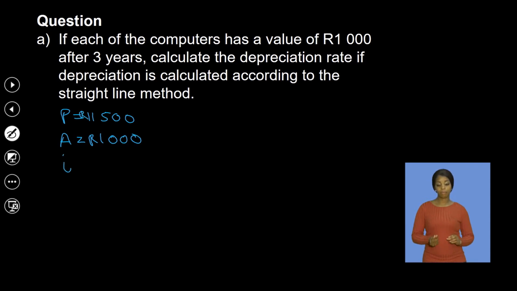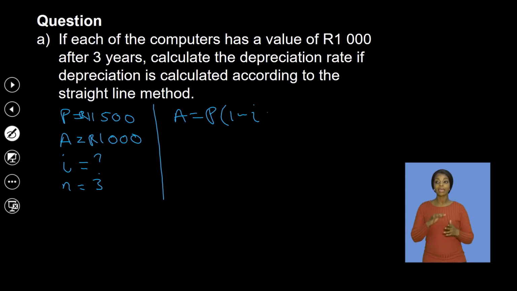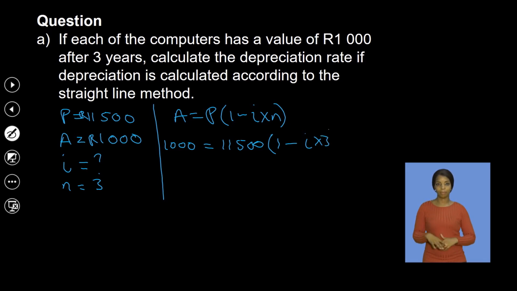And then the i value is what I don't know, which is the rate of depreciation, but this was for 3 years, right? So my calculation will be A = P(1 - i × n). Then this is 1,000 rand there, equal to the P value, 11,500 into 1 minus, I'm looking for the i, multiplied by the 3 years.